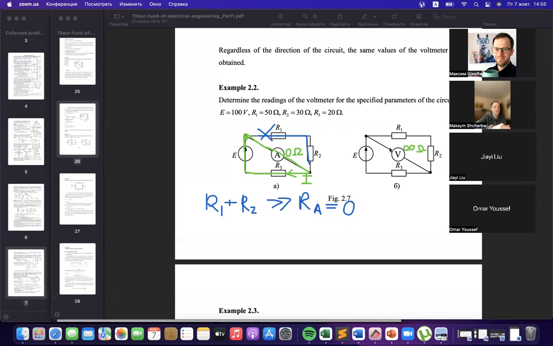Because our voltmeter has infinitely high resistance, the current won't flow through this voltmeter, because R1 plus R2 is much less in resistivity than the voltmeter, which goes to infinity.